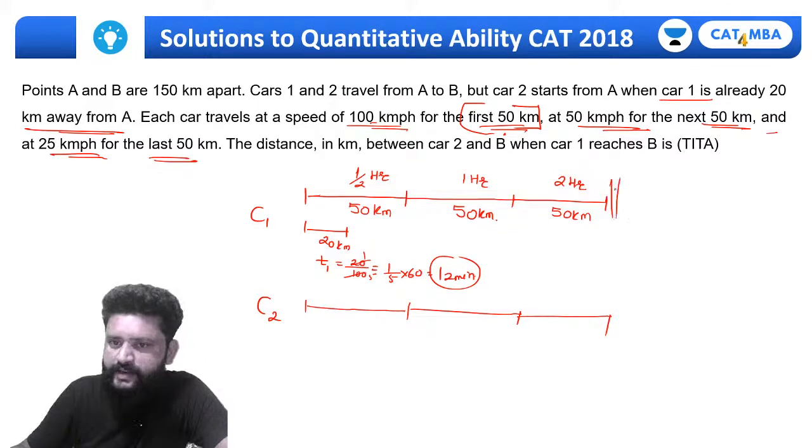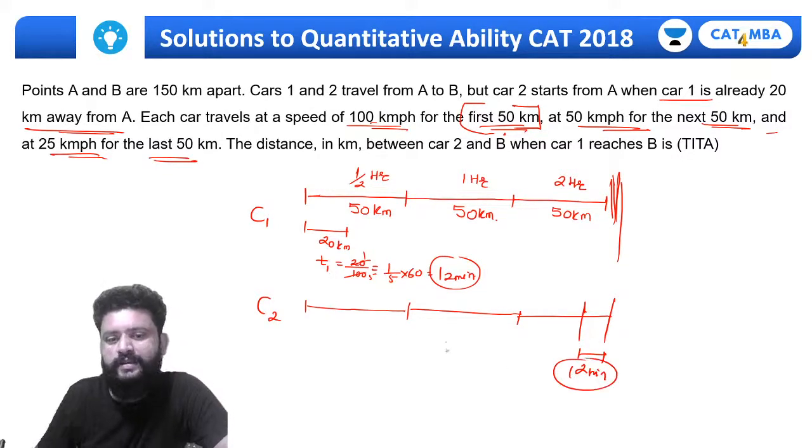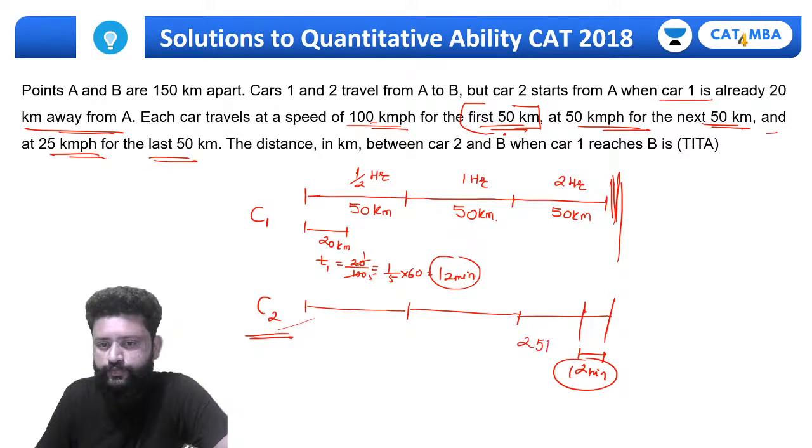So when car 1 reaches the end point, car 2 will still take 12 minutes to reach. So how much distance can car 2 travel with the speed of 25? Because now the last is 25 km per hour. So speed we know, time we know, even you can do 1 by 5, that's perfectly fine.